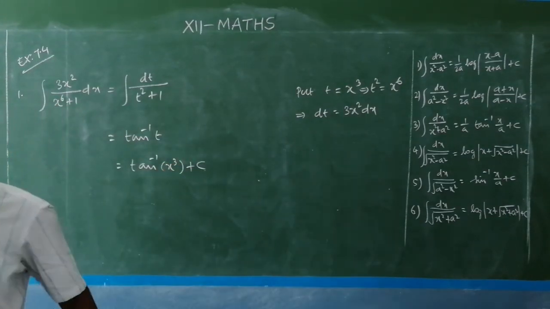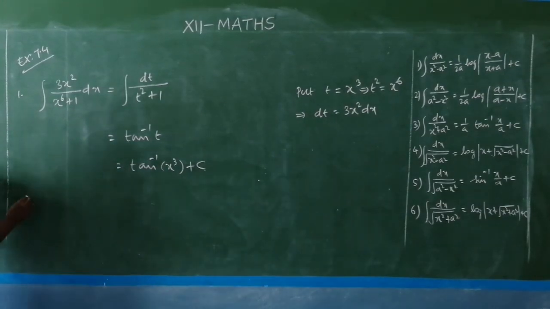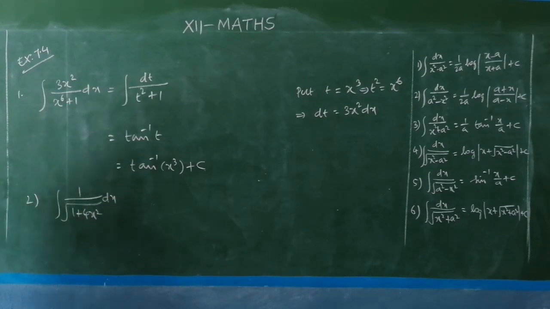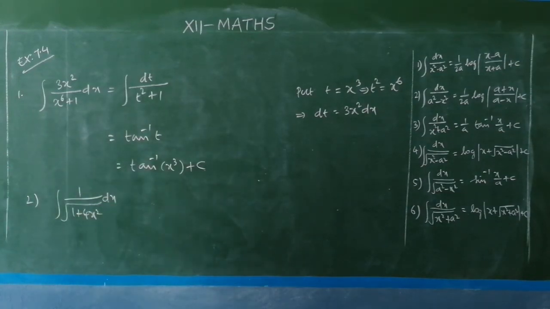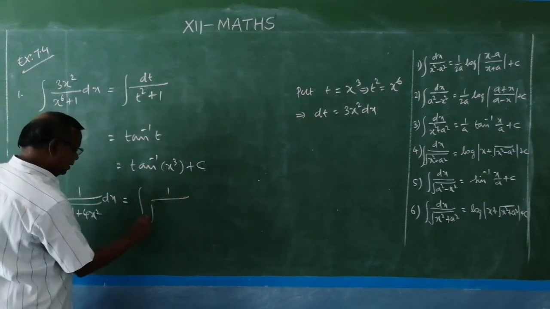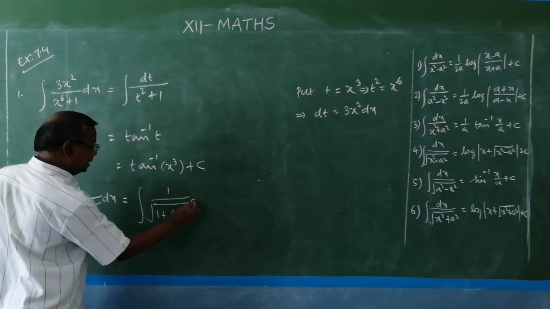Second one, integral 1 by root of 1 plus 4x square into dx. This can be written as integral 1 by root of 1 plus (2x) the whole square into dx.